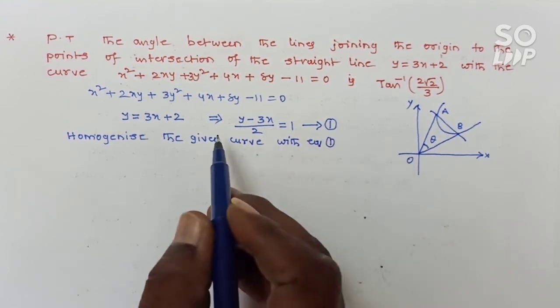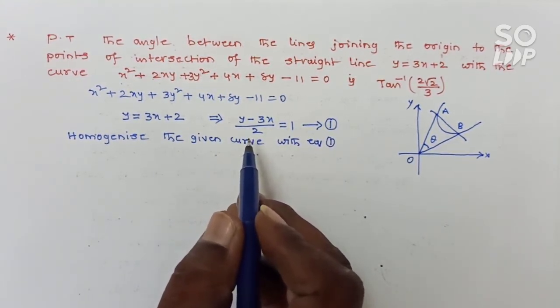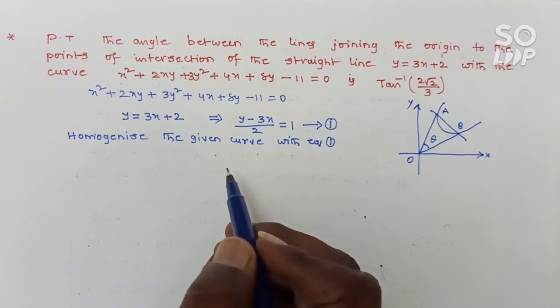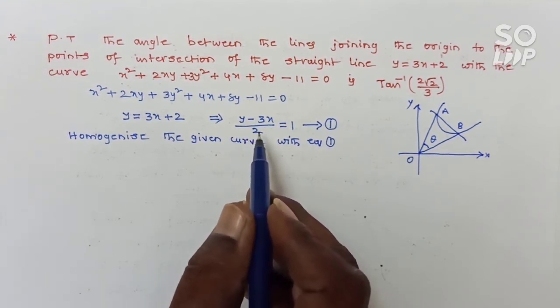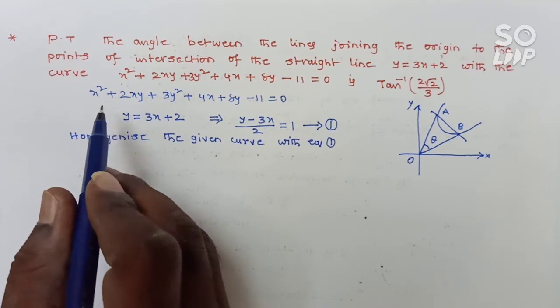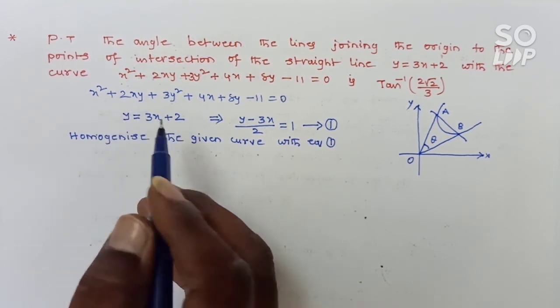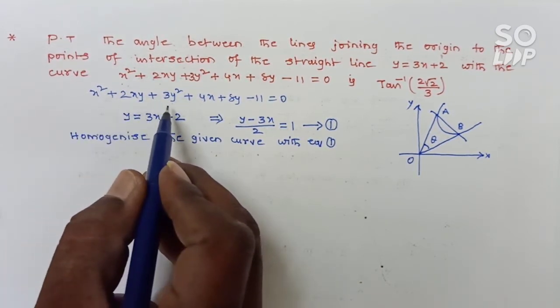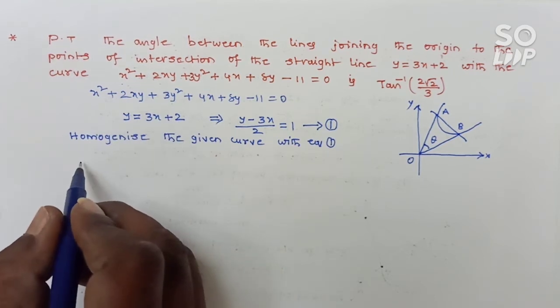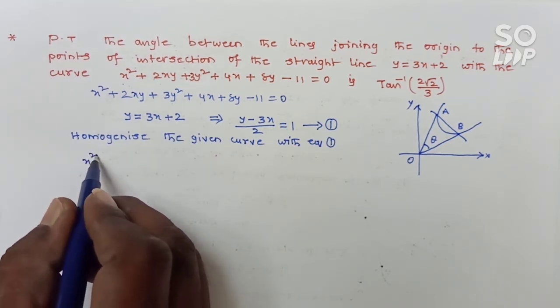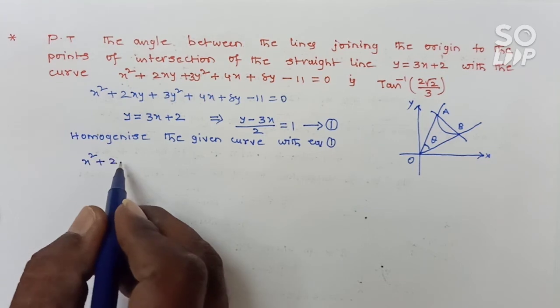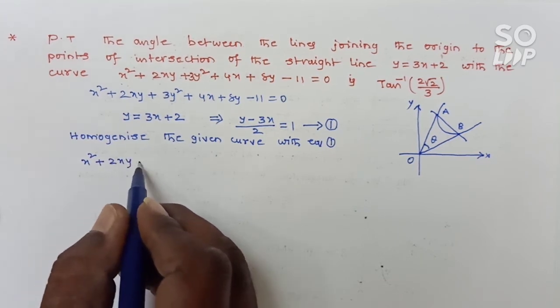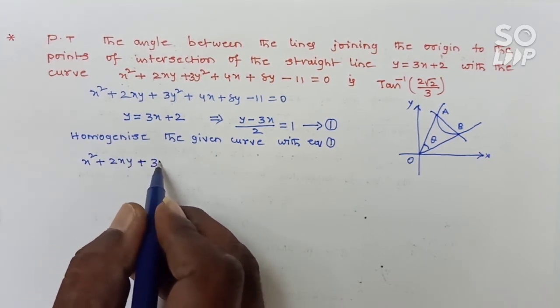So what is the procedure to find the homogeneous equation with equation 1? Already we discussed that proper method. There will be no change in the second degree terms: x square plus 2 into xy plus 3 into y square.